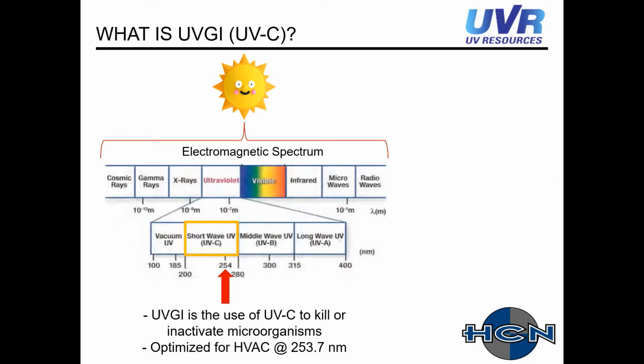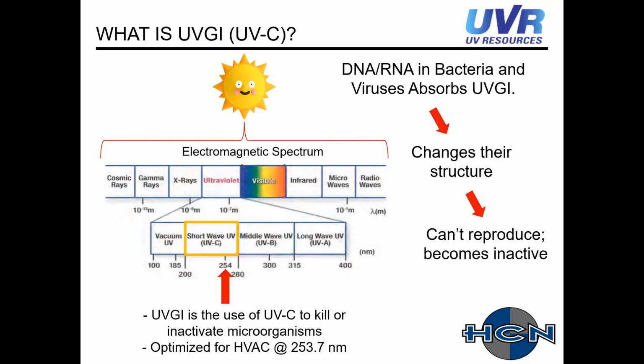Ultraviolet light is broken down into 4 categories. The one that we are concerned about, that we will focus on, is the short wave, the C wavelength, which goes from 200 to 280 nanometers. Basically, UVC lights are used to kill or inactivate microorganisms, and 254 is the preferred spot, optimized for the application.